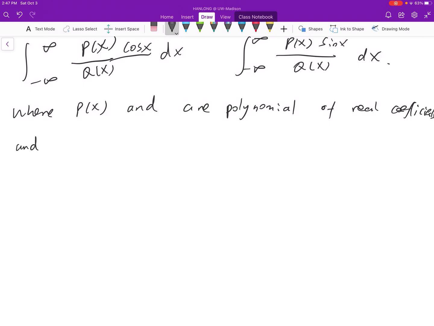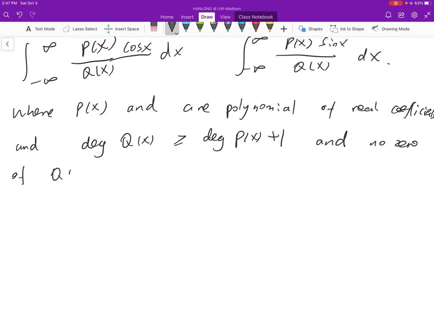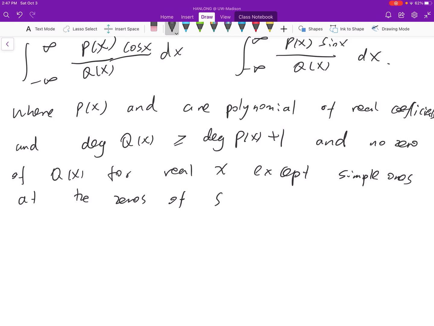The assumption that the degree of Q is at least 2 more than the degree of P is relaxed to: the degree of Q(x) is at least the degree of P(x) plus 1, and there is no zero of Q(x) for real x except simple ones at zeros of sine or cosine, respectively.